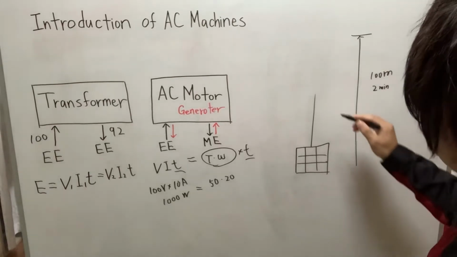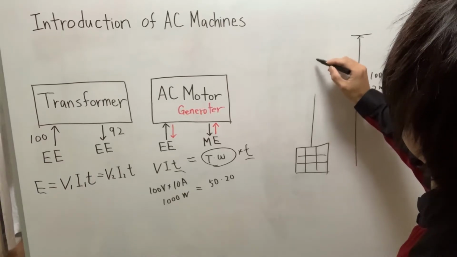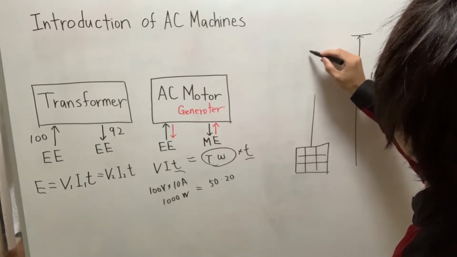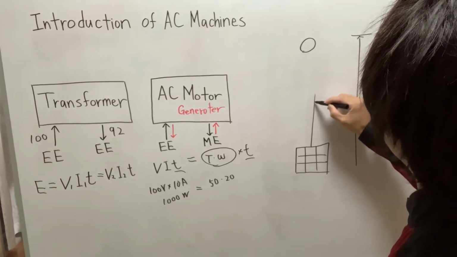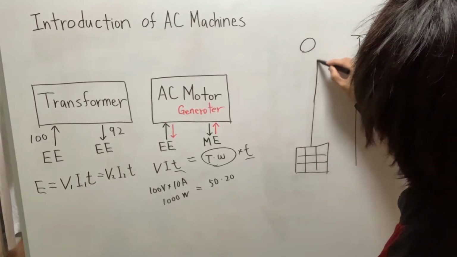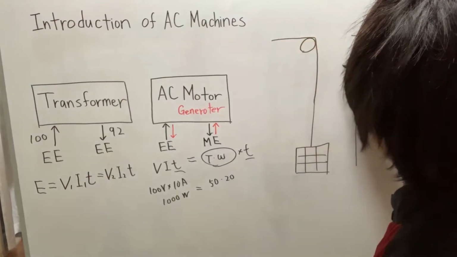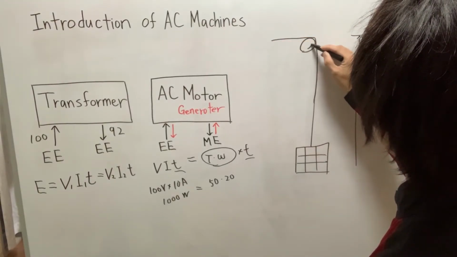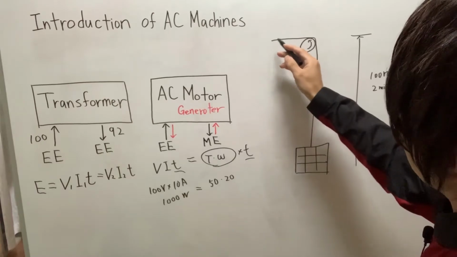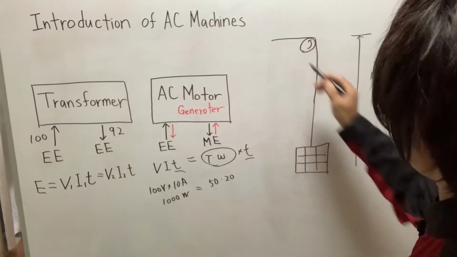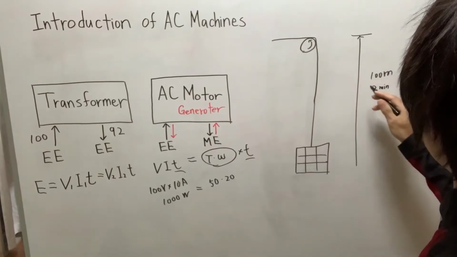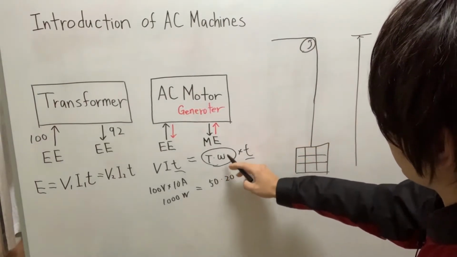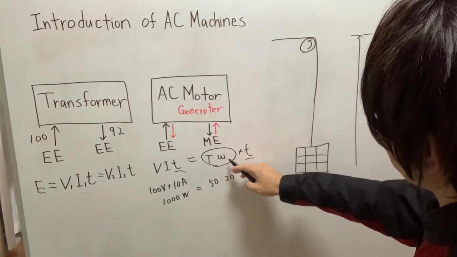So, okay, let me put a kind of wheel here and tie a rope like that, and start to pull it, right? So we already know the torque and speed, right?